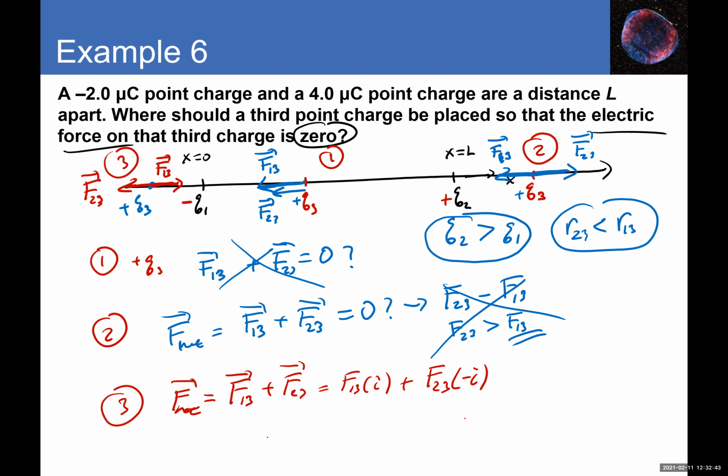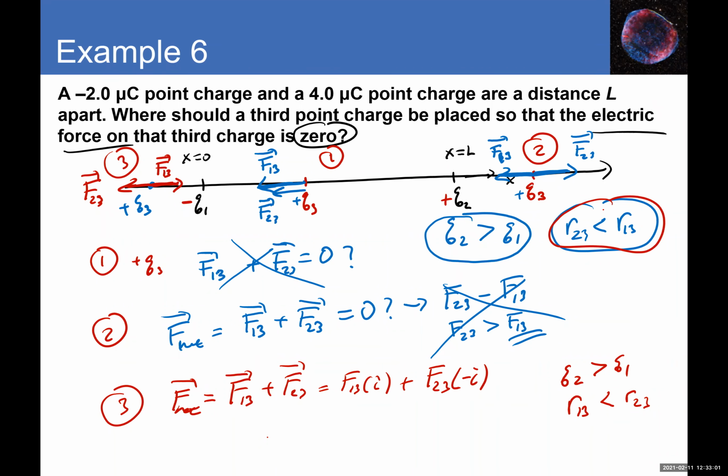Also, even though Q2 is greater than Q1, R1, 3 now is smaller than R2, 3. Remember before, R2, 3 was always smaller than R1, 3.